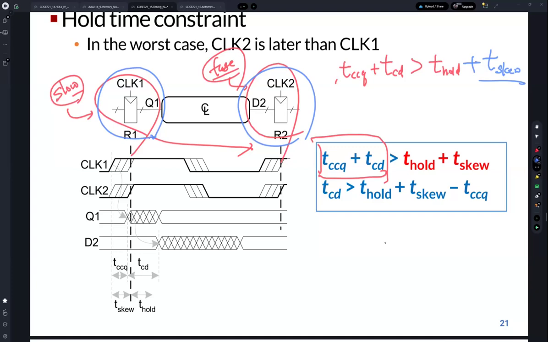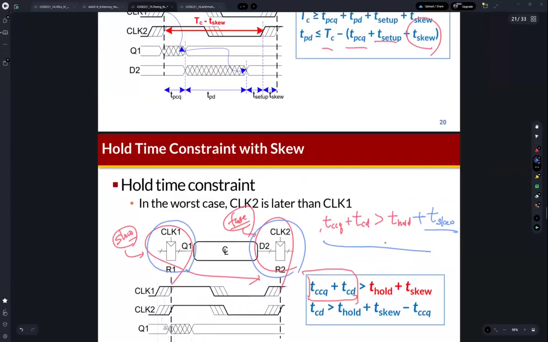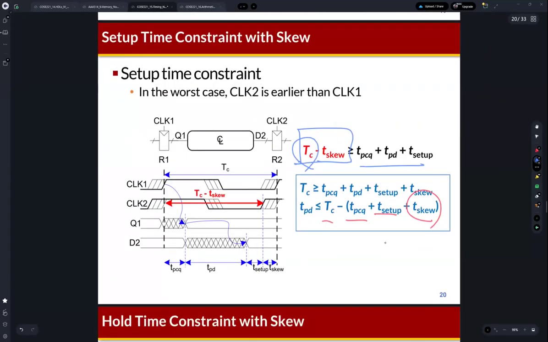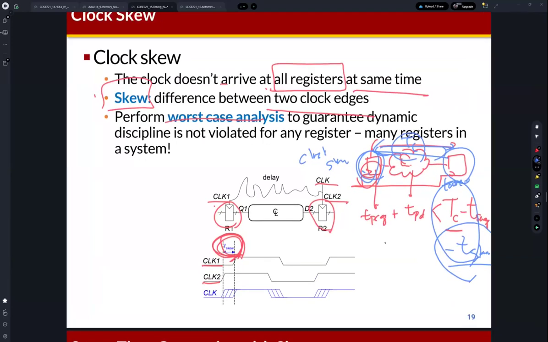So when we consider the clock skew, this is the changed equation for analyzing the hold time constraint, right? So when we consider the clock to Q, we need to consider the worst case, the worst situation.